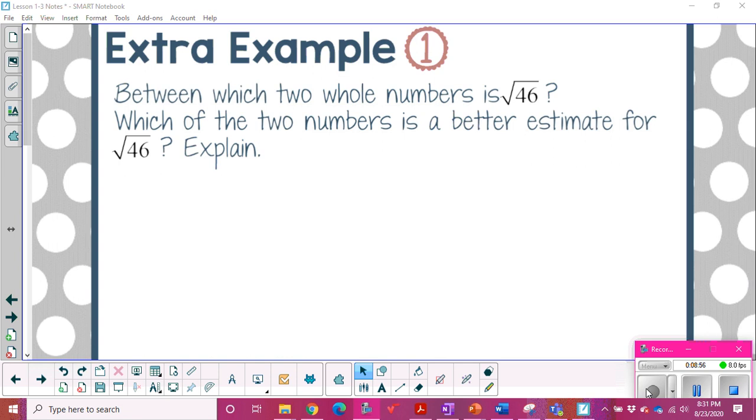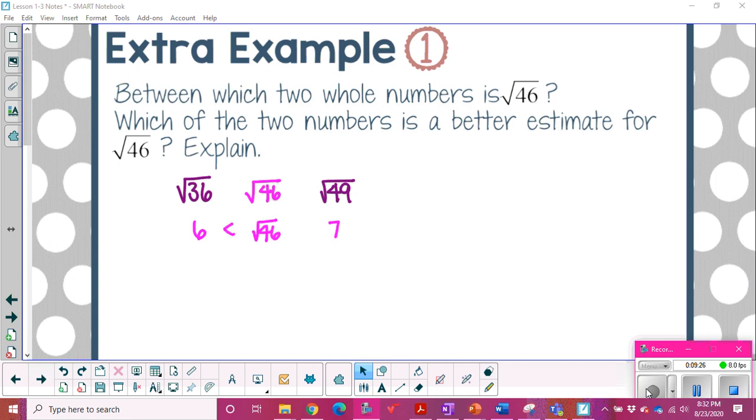It is between the square root of 36 and the square root of 49. We all know that the square root of 36 is 6, and the square root of 49 is 7. So we have the square root of 46 in between here.